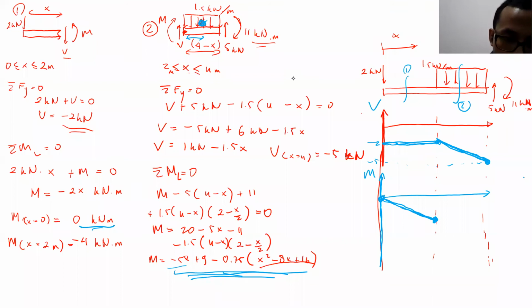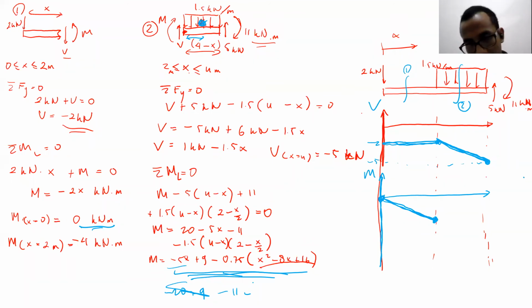This one is supposed to be minus 20 plus 9, so minus 11. So this one is supposed to be minus 11 minus this one. Minus 12, supposed to be the value is minus 12.